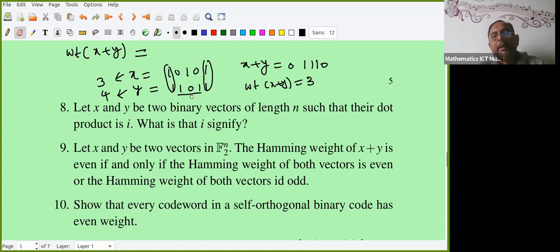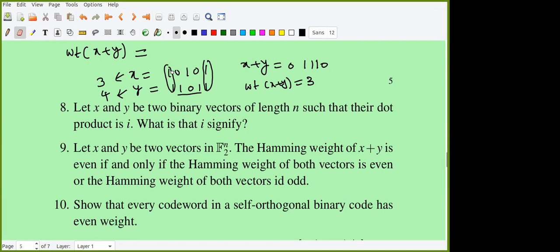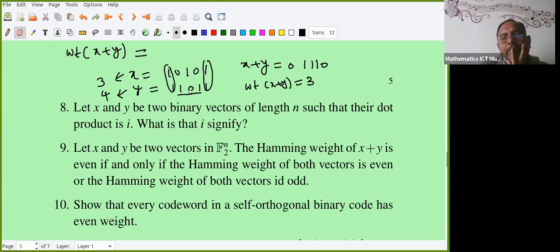So when will the weight not come? It will not come when both are ones. Both zeros also is fine. But can you predict something now?